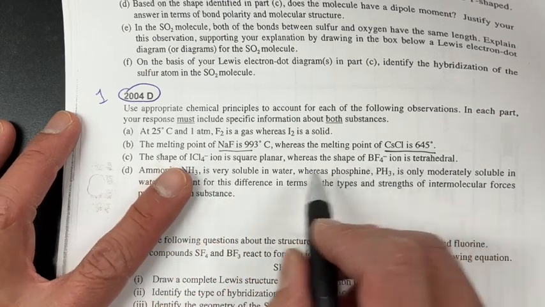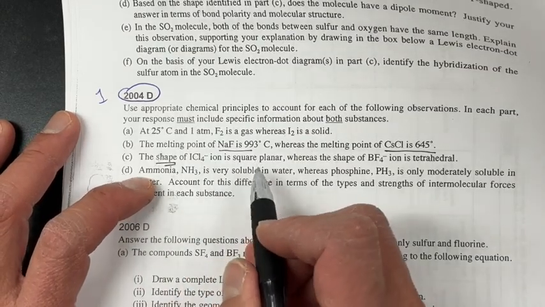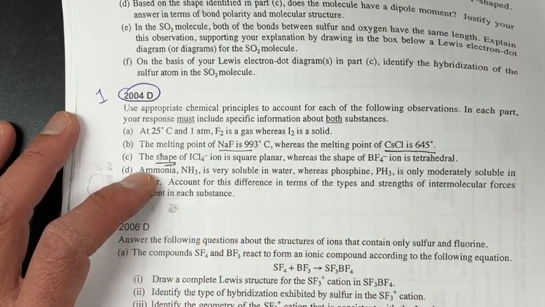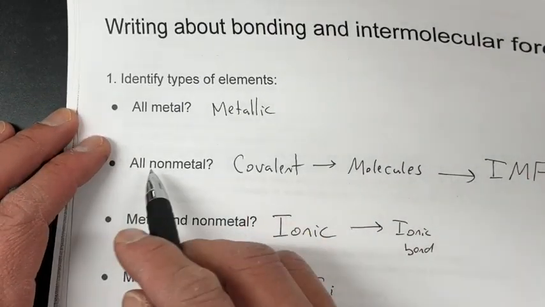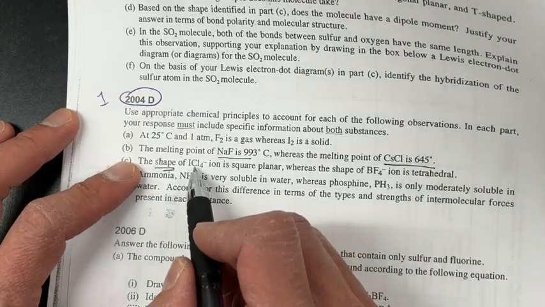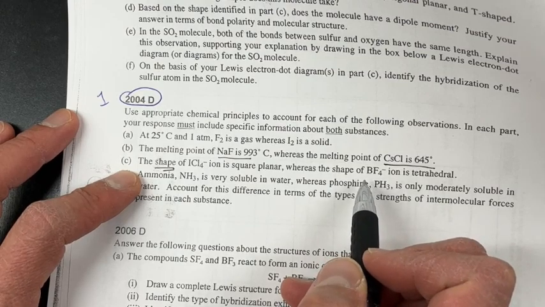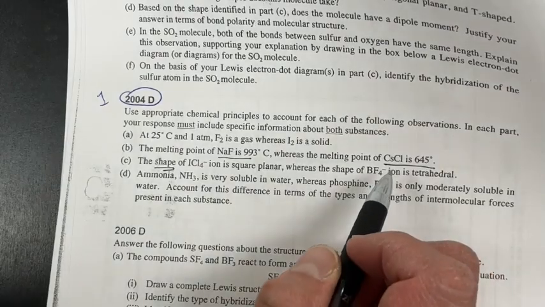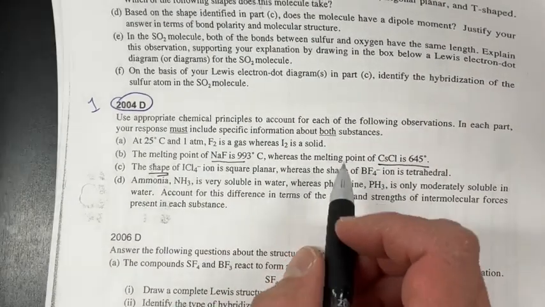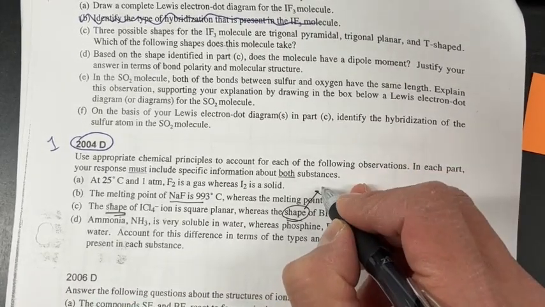Okay, so I have two things here, and it's talking about shape. And so what should we do if we're looking at shape? Well, I know that I have all nonmetal. It's covalent. They're molecules. And the thing that determines shape, I can't really talk about intermolecular forces yet because it's not asking me about physical properties, but we know shape deals with dot structures.